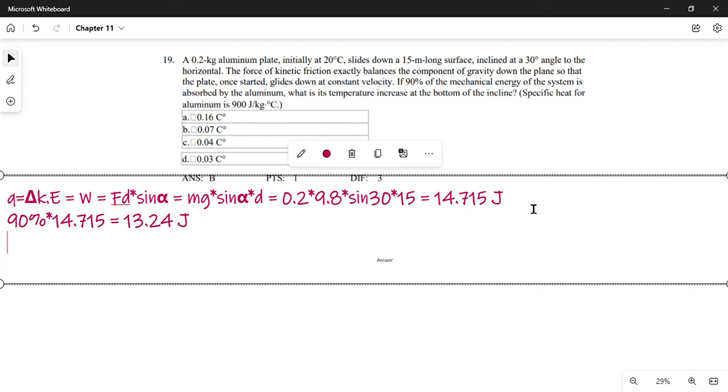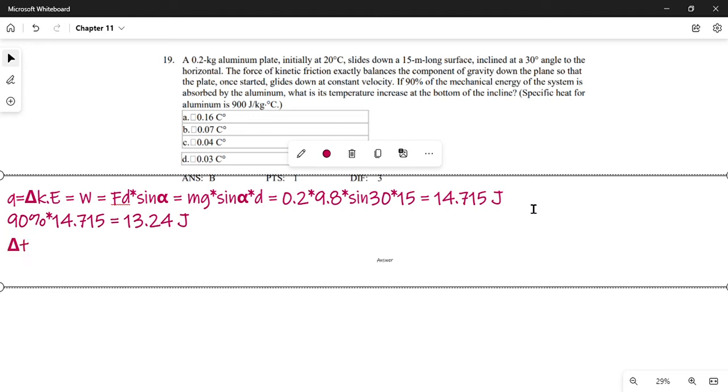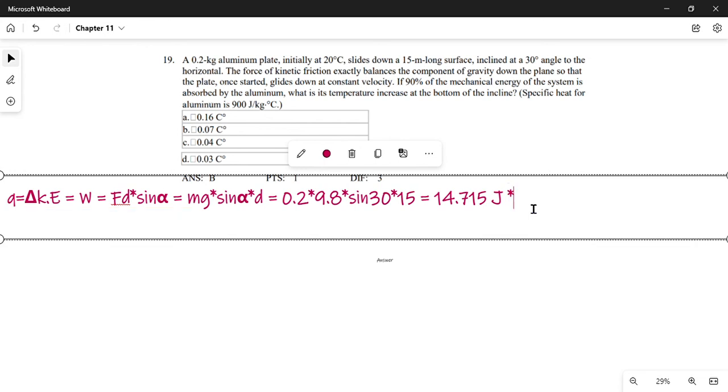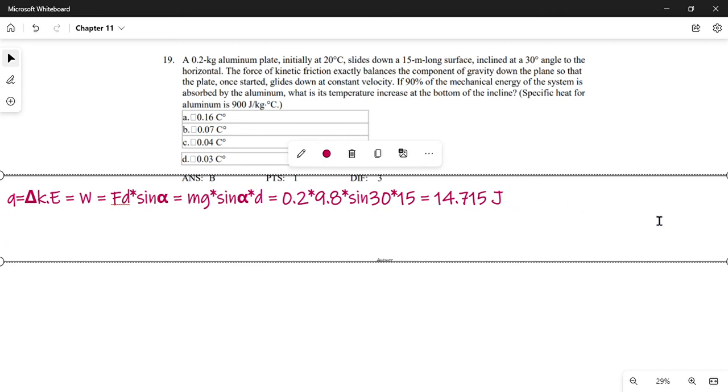So let's go and calculate the change in temperature: Q over M times the specific heat. Let us write it another time.